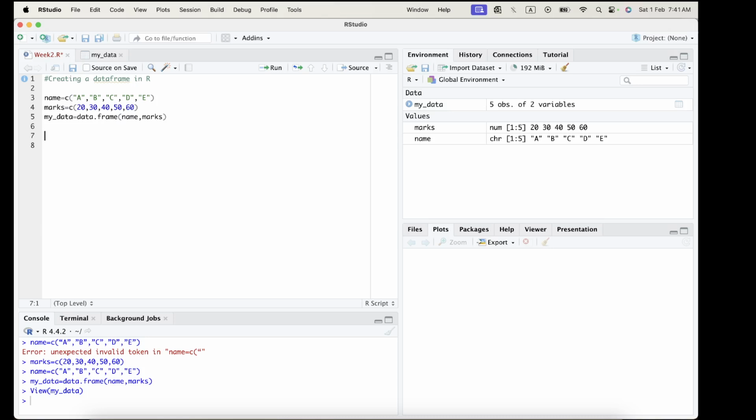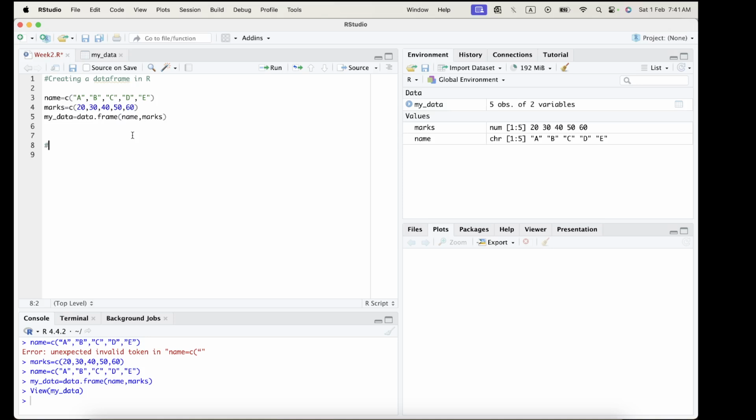Now this is one way of creating a data frame in R. Most often what happens is that you are already provided with some sort of a table, and it's not always feasible to replicate that table in R, type it out and then use it as a data frame.